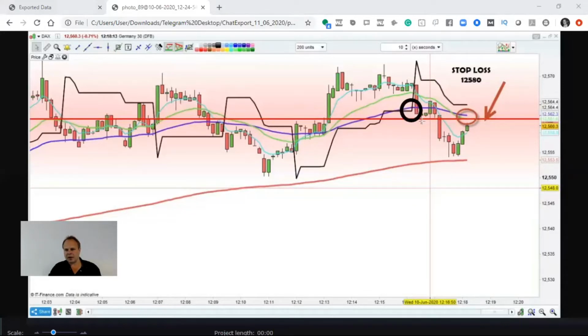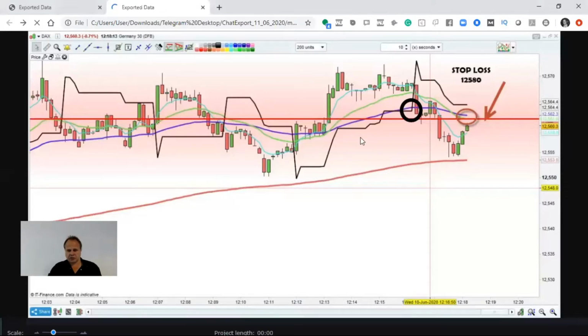This was at 12,562, and we were looking at a stop loss of 12,580. So that was 18 pips risk. We're looking for at least a 3-to-1 reward, 54-point reward, but potentially higher on that move back down again.